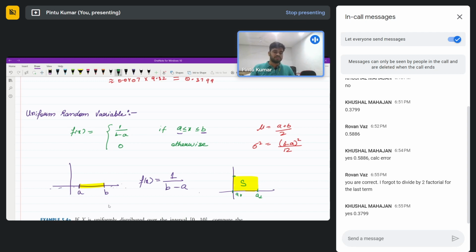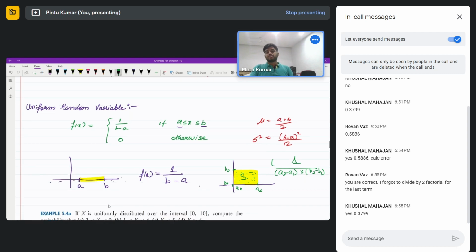Don't assume this to be the origin. And this height is B1, this is B2. Then the area would be A2 minus A1 into B2 minus B1, right? And if you divide 1 by this area, you get the probability density of any point. This is also a uniform random variable in 2 dimensions. Similarly, you can define it for arbitrary dimensions.